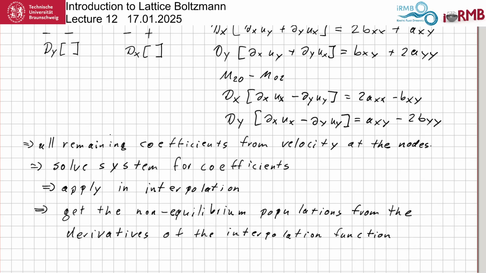So what you do is not interpolate this twice frequency, but only the base velocity. Then you do the square and recalculate the function. So first the equilibrium, and then also the non-equilibrium from these derivatives.